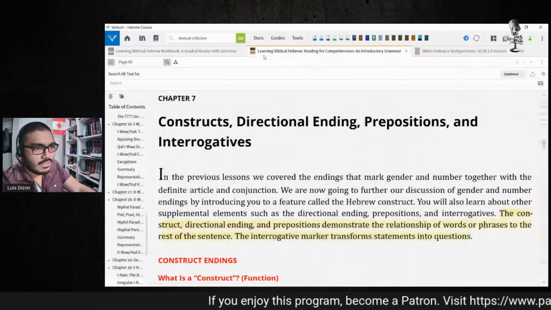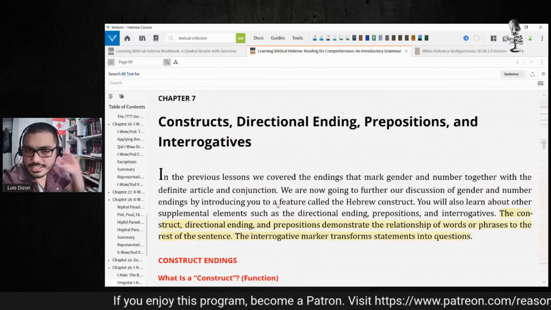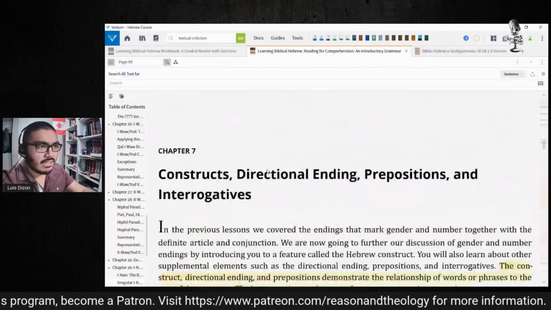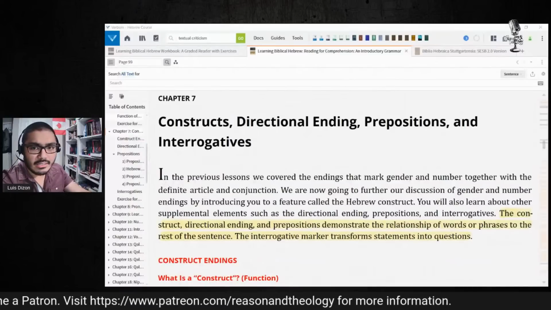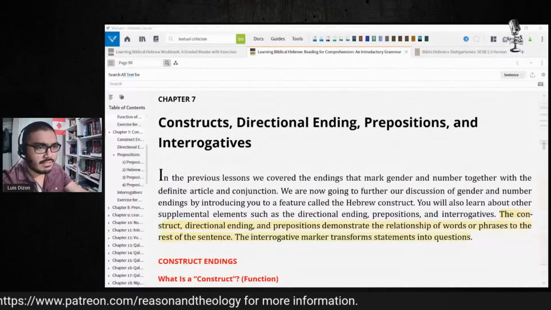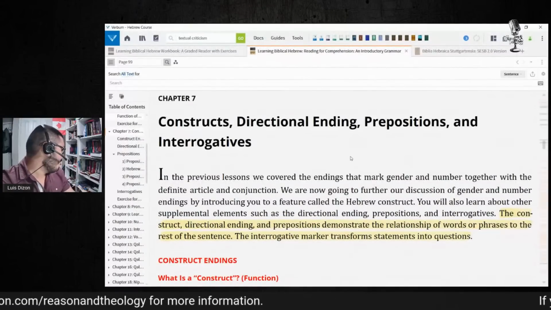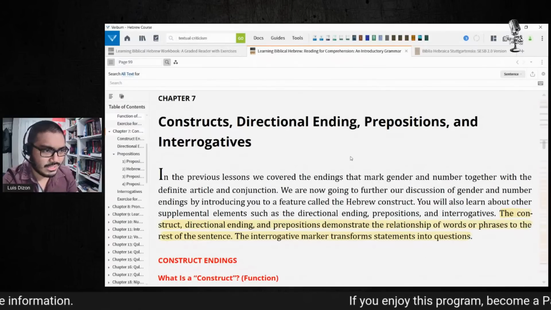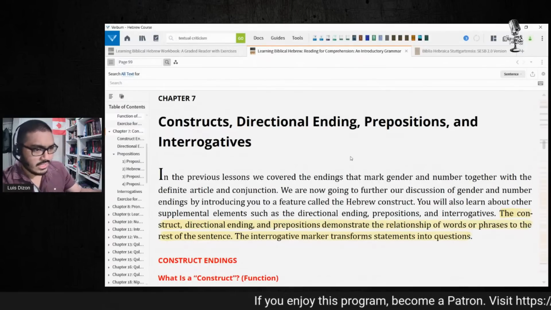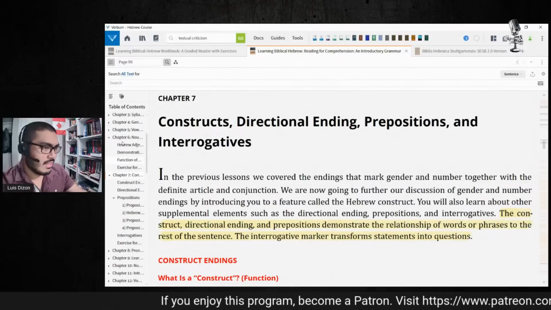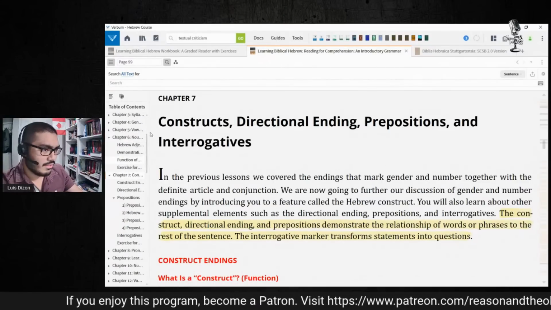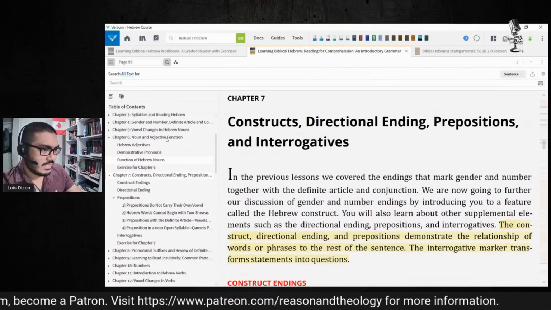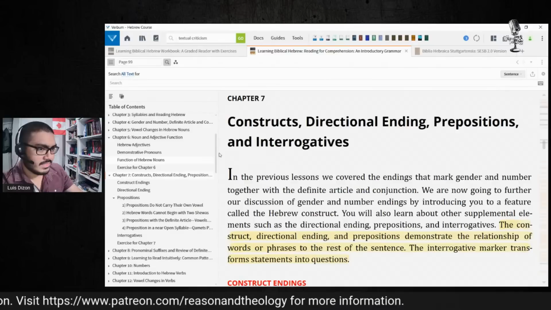That's done. We'll get to the grammar portion of today's lesson, and we will be focusing in on chapter 7. And there are a bunch of different things in chapter 7: constructs, directional endings, prepositions, and interrogatives. So hopefully you all remember what we covered last week, which is vowel changes as well as noun and adjective function.